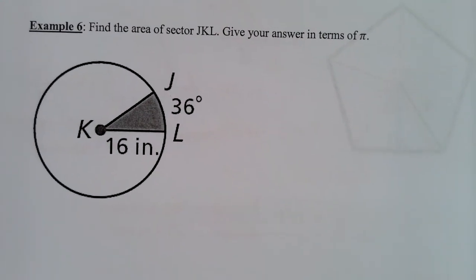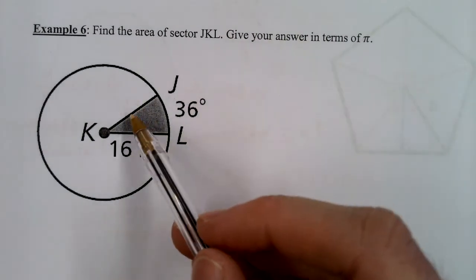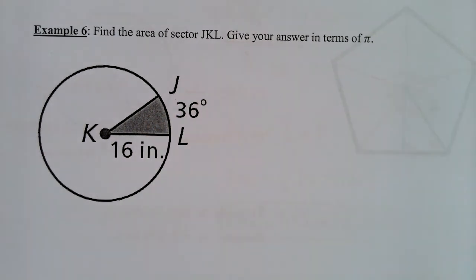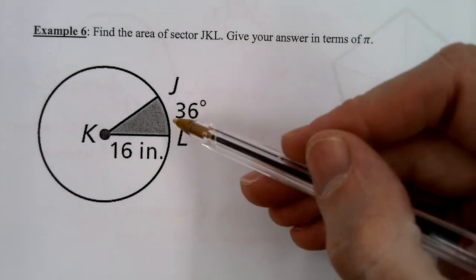Find the area of sector JKL. So this is a sector. This shaded region, that's called a sector, part of a circle. Okay, so remember when we did an arc length? You took the circumference of the entire circle and you did times just the portion you wanted over 360. That's what we're going to do here. We're going to find the area of the entire circle, and then we're going to multiply that by just the part we want.